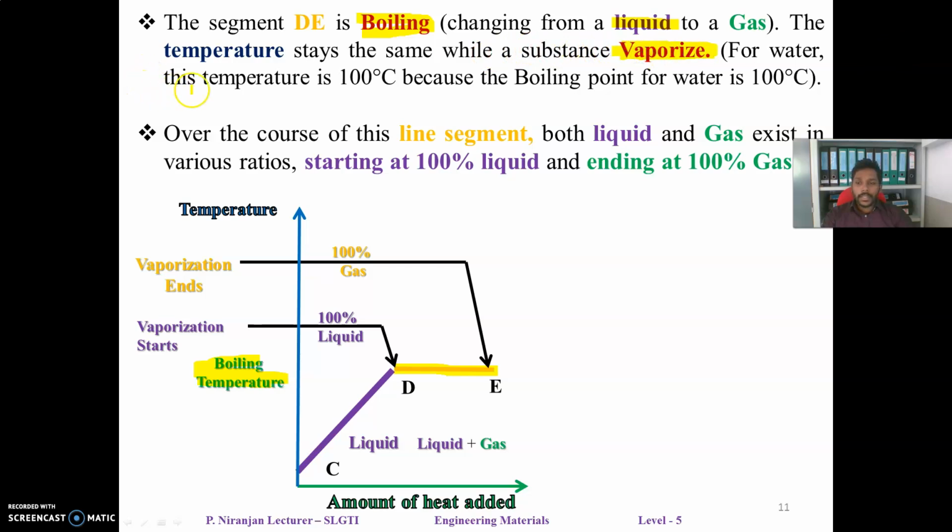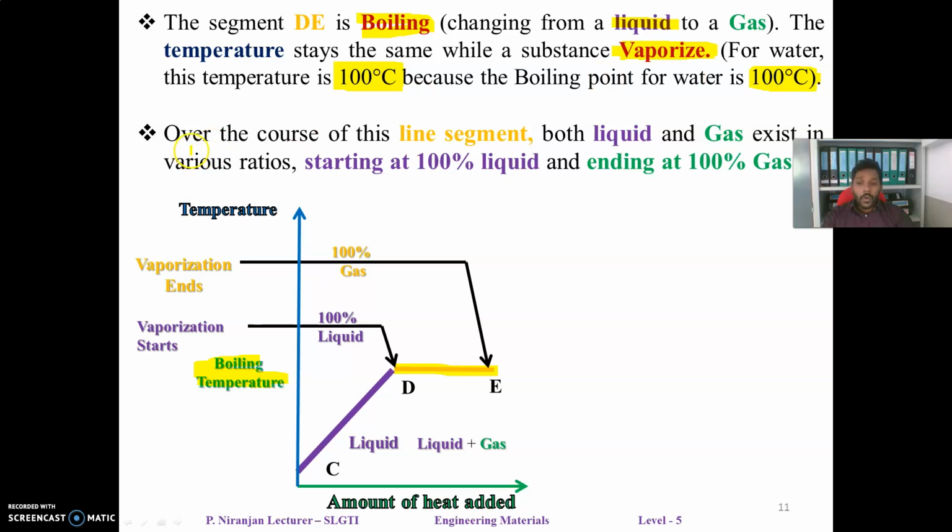For water, this temperature is 100 degrees Celsius. This is a simple example for us, because every day we are going to use this water in day-to-day life, because the boiling point of the water is 100 degrees Celsius. This temperature differs from material to material.